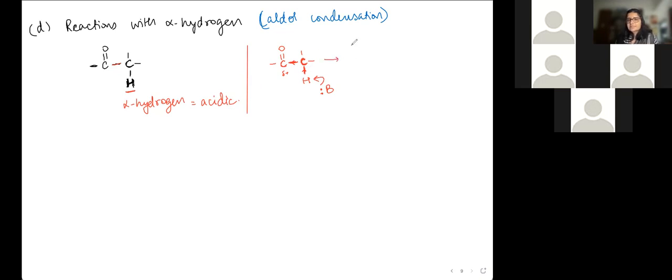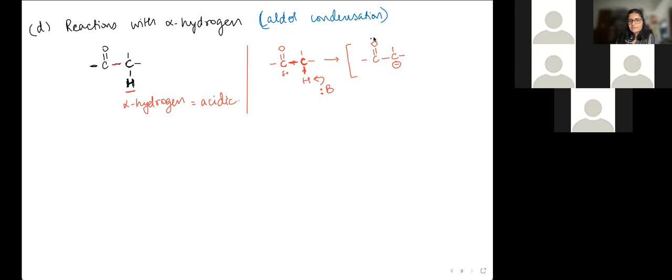So what happens is you have C double bond O, then C. When it lost the hydrogen, it gets a negative charge. This has a resonance that is set up nicely.